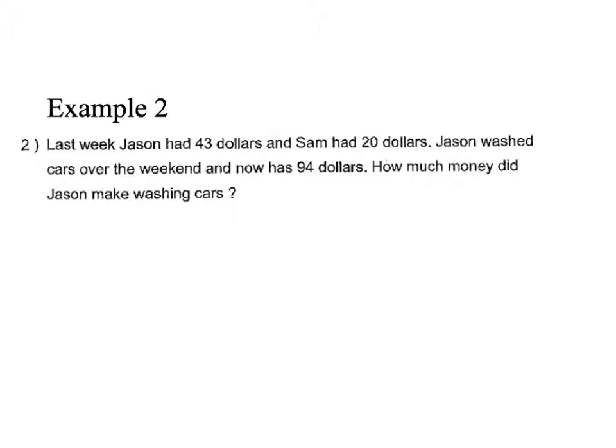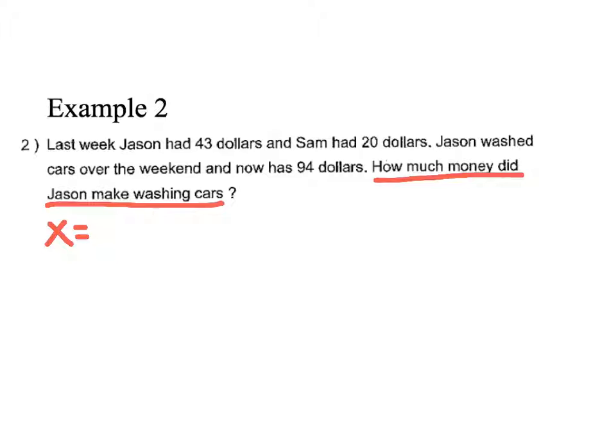Alright, so again, define a variable. That's usually in the last sentence. That's the question that they ask you, what you're looking for. How much money did Jason make washing cars? So pick a variable. X, C for cars, J for Jason, M for money, whatever. Pick a letter and then define it.